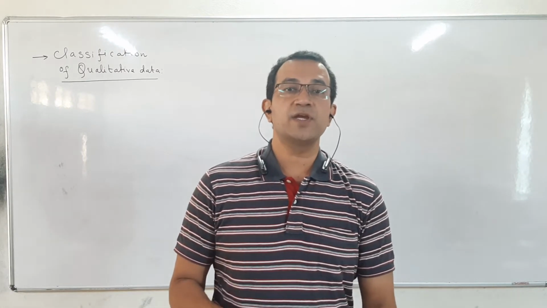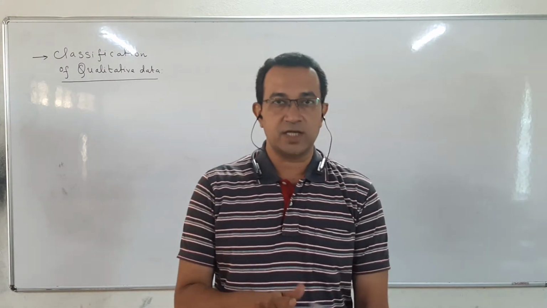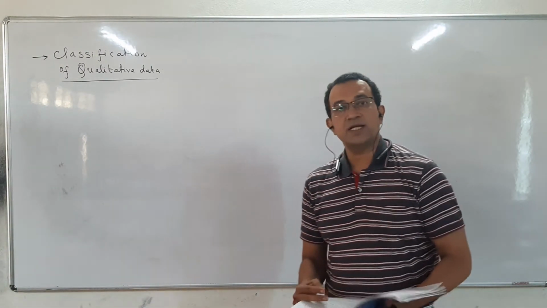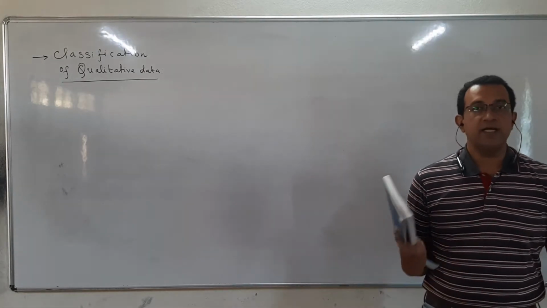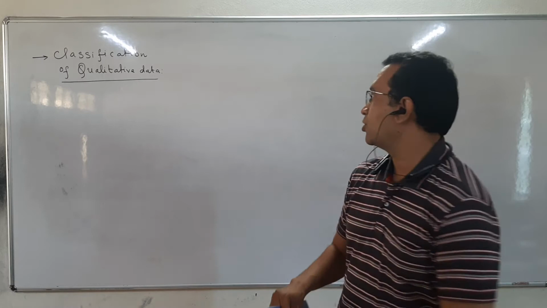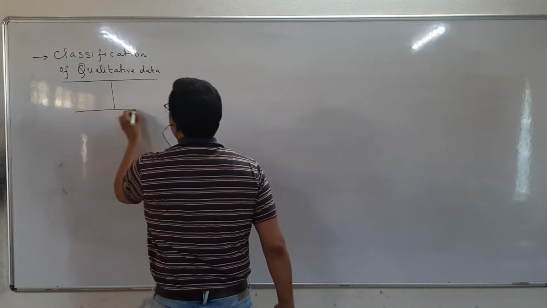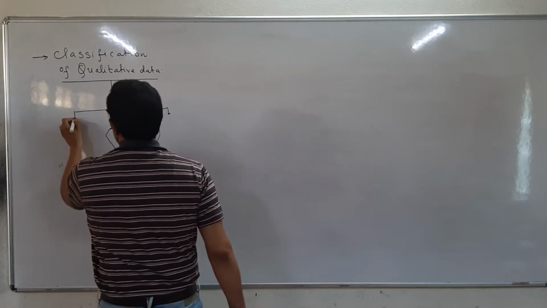Now, in the classification of qualitative data, we have two types of classification. First is simple classification or table, and second is multiple or manifold classification or table. So this is again divided into two types.